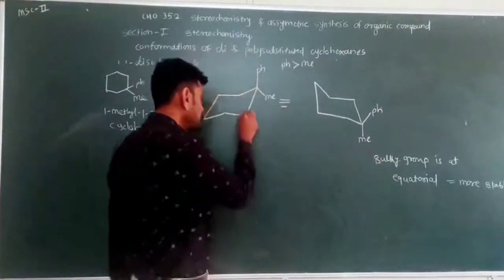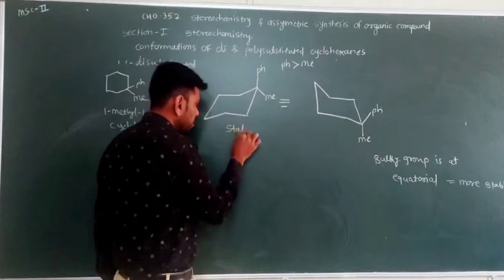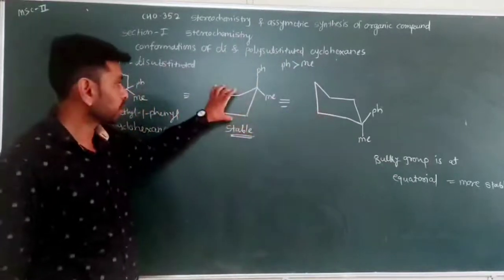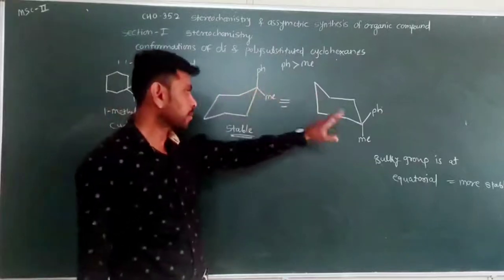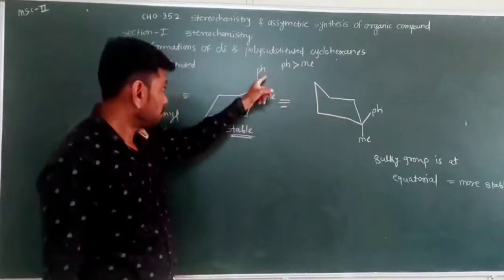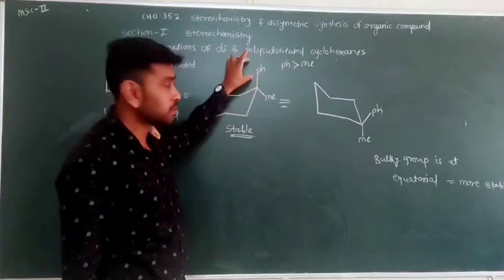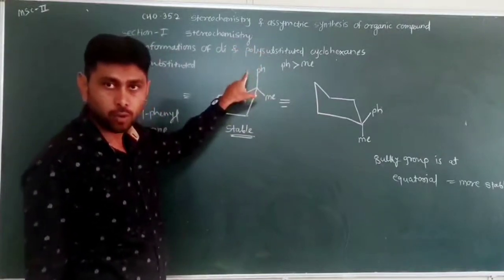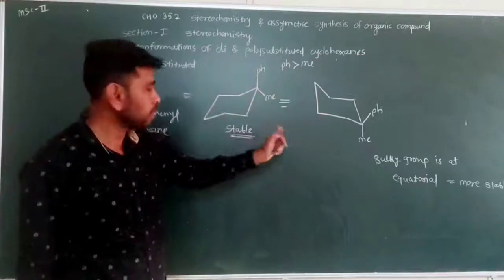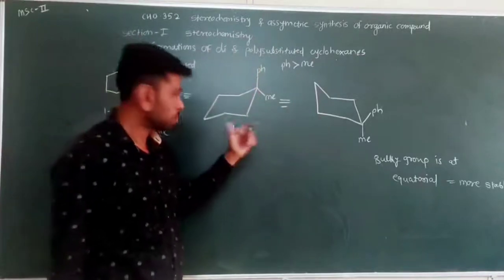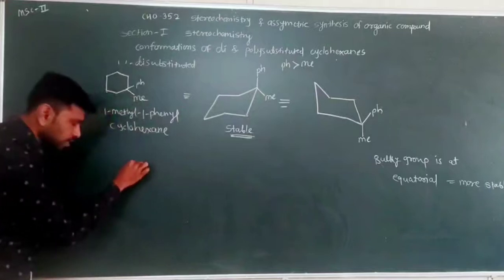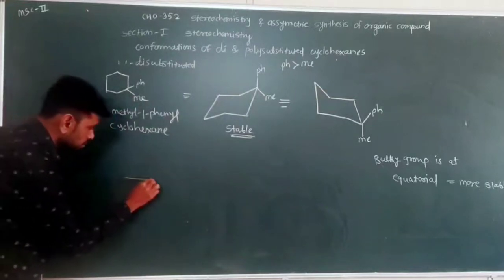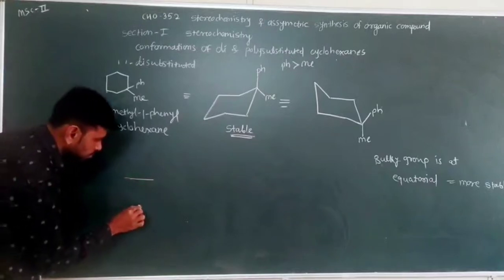But what happened here? We observed that the first conformation is more stable than the second one. Although it contains the bulkier phenyl group in the axial position, it is still more stable. Let's see the reason for that. I'm drawing this chair conformation again.